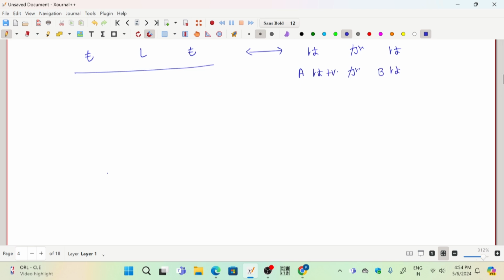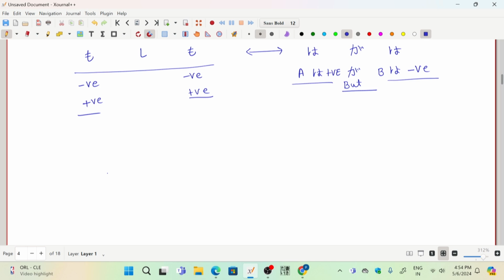So it was positive where another was negative. So this was acting as a but. In mo, shi, mo, either both are negative or both are positive. So this is how we use mo, shi, mo.